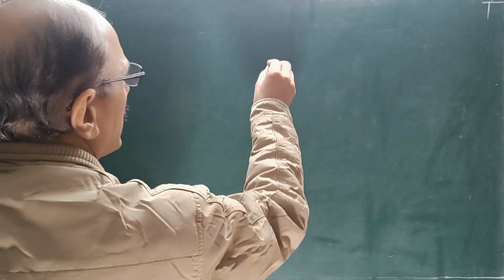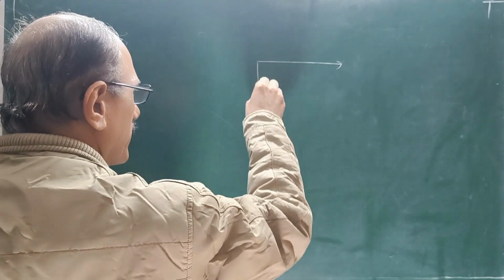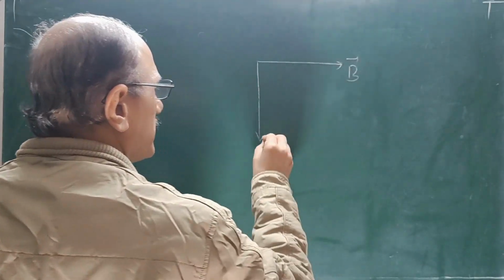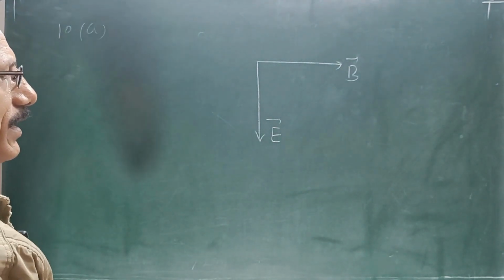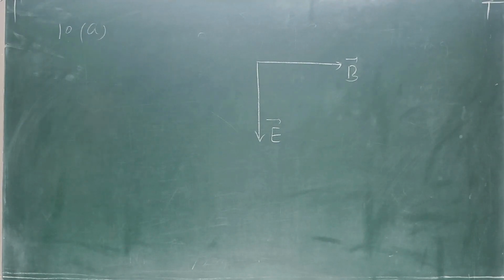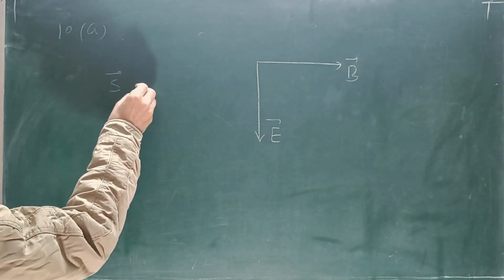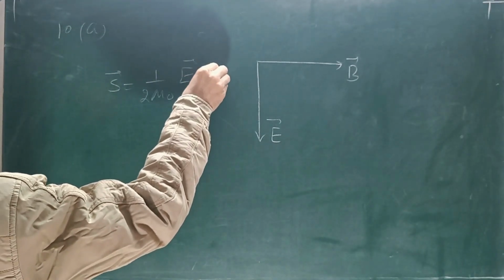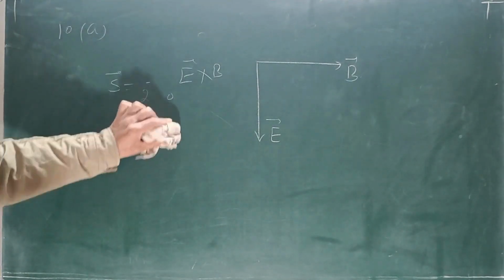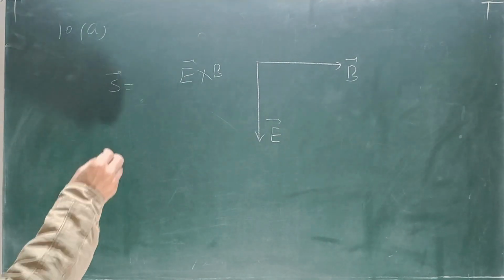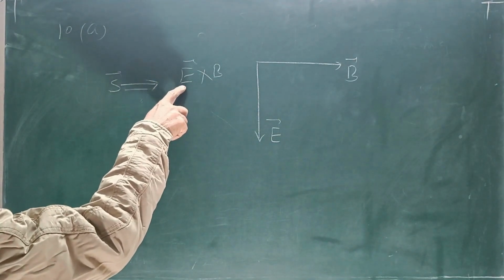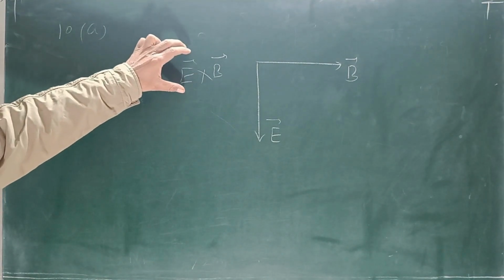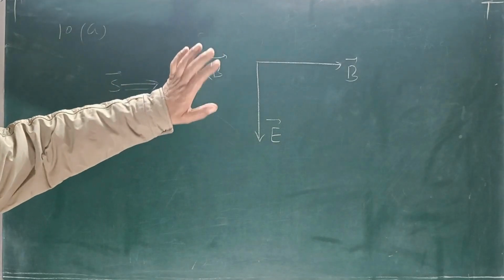So 10th, A. Here we have this is the magnetic field and this is the electric field. We know the direction of propagation is given by the Poynting vector. That Poynting vector is, if we neglect this constant for the direction, S is E cross B. That means this direction of propagation is perpendicular to E and perpendicular to B, absolutely correct.